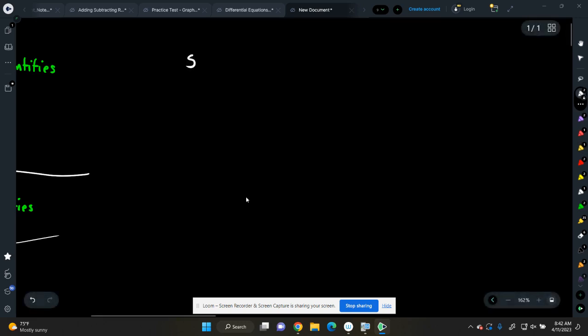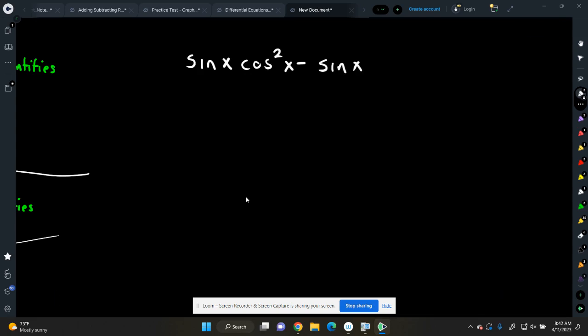So for instance, let's say I have sine x times cosine squared x minus sine x. I want to simplify this trigonometric expression.